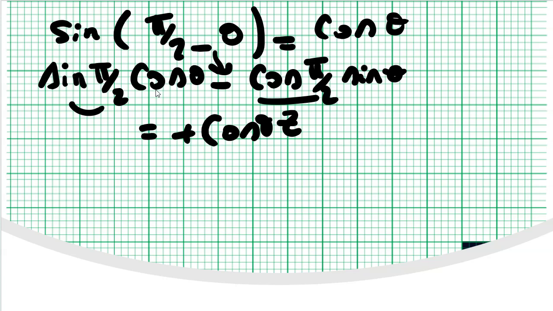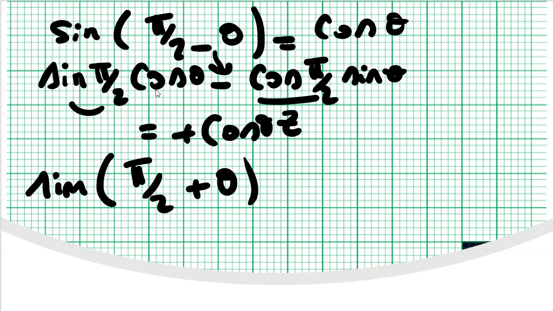Okay? Now, if you have that as sine of pi over 2 plus theta, meaning an angle that is larger than 90 degrees, an obtuse angle making a triangle, so it's in quadrant 2, basically this is going to equal what?